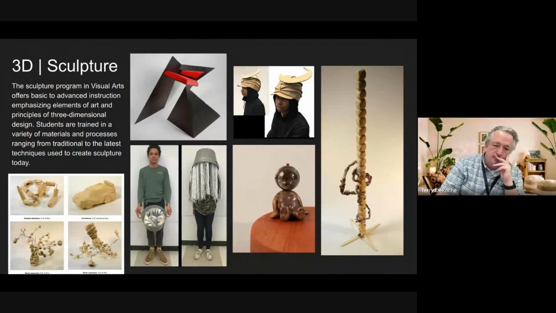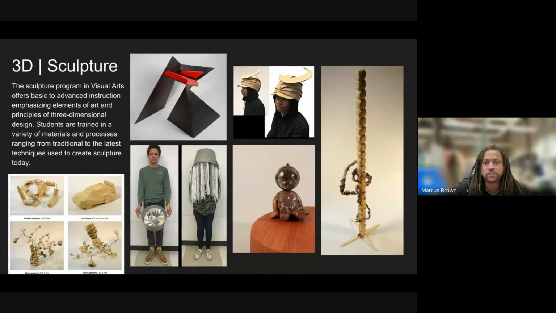This is some of our sculpture examples. This is just an example of some of the artwork the students did in level 1, like some wood carvings and some different things with wire. The top is weird, abstracted, modern-looking work. As they progress through their different levels as a student, they end up doing different types of media.